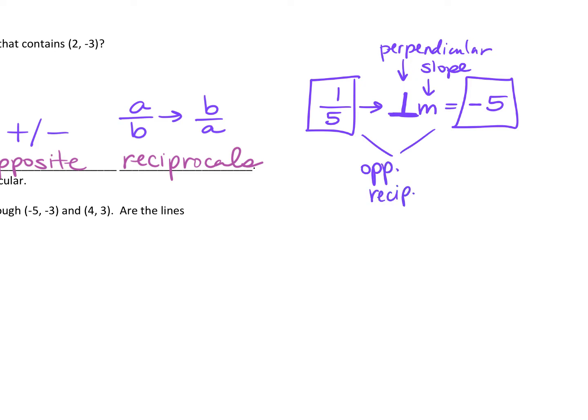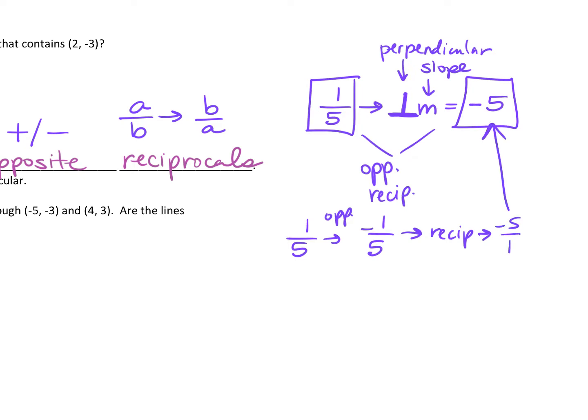But didn't you like double opposite? Because the opposite would be -5 over, or 5/1, but then you'd have to opposite it again. No. So here, if this is 1/5, the opposite of 1/5 is a -1/5, right? Just change the sign. The reciprocal of that is a -5/1, which is the same as -5.